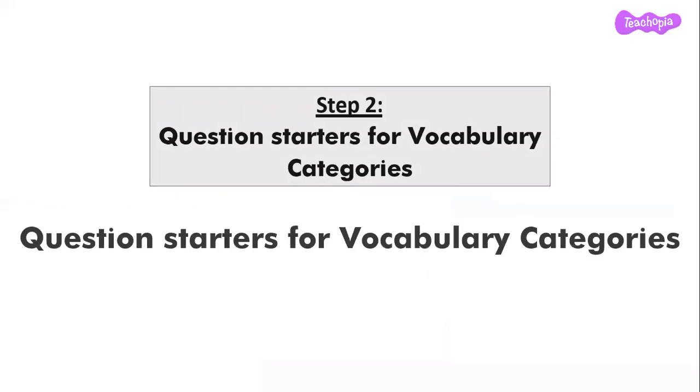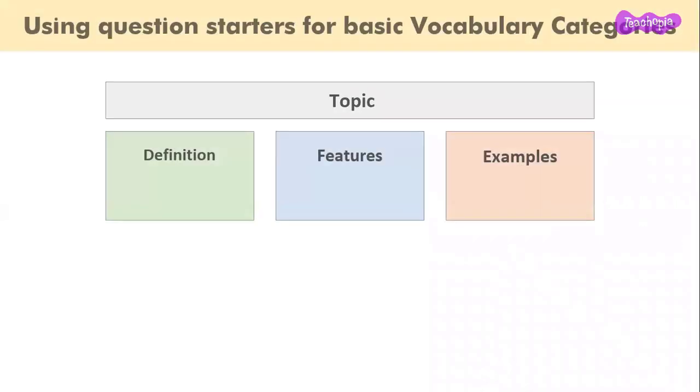So now moving on to step 2. Now that we have learned about question starters, how do we use them for vocabulary categories? As you all know, when a given topic is presented to us, there are three basic vocabulary categories.